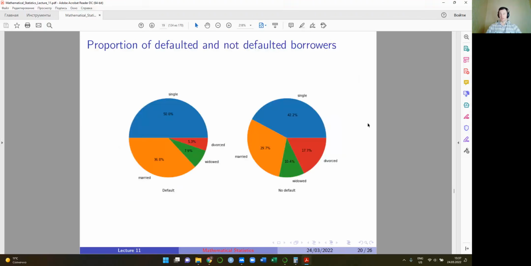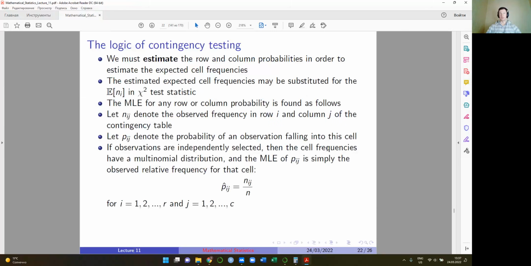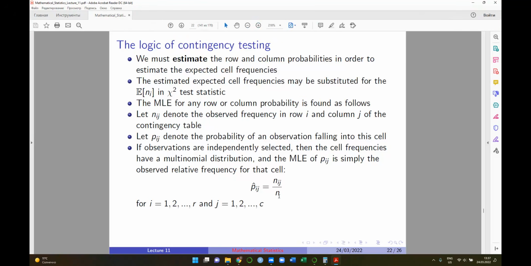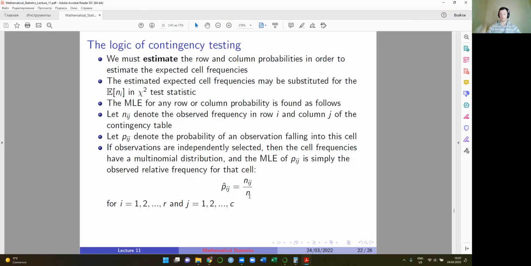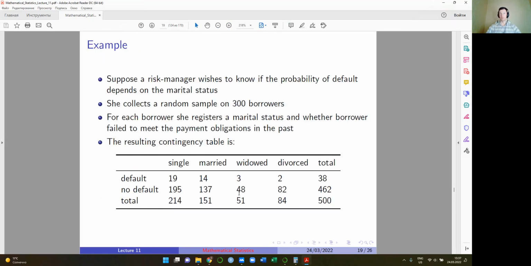And this is again multinomial distribution, and the probabilities for this multinomial distribution are estimated in the following way. So the estimate, you see P hat, this is the estimate. P hat ij is Nij divided by N. So we take the number of people who are widowed and not defaulted, 48, and divide by 500.